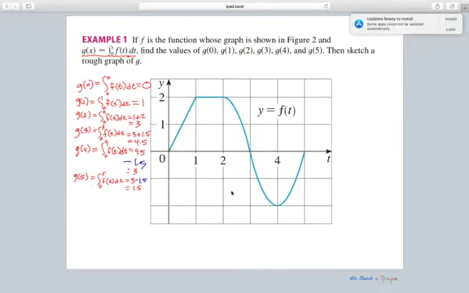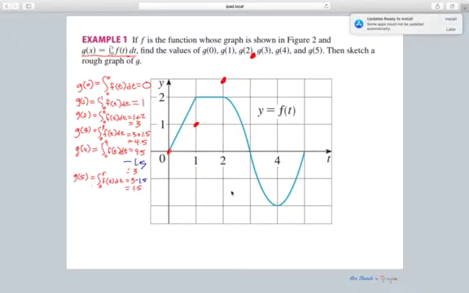So G of 0 is 0, so I have the point 0, 0. G of 1 is 1, so I have the point 1, 1. G of 2 is 3, so 2, 3. G of 3 is 4.5, so we're going to be a little bit off the axis, but let's say 4.5 is about there.